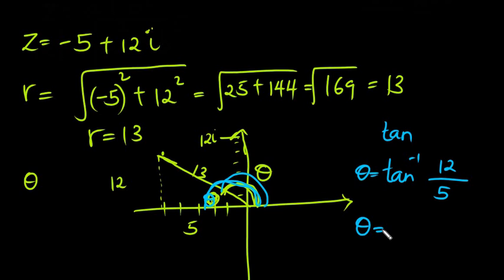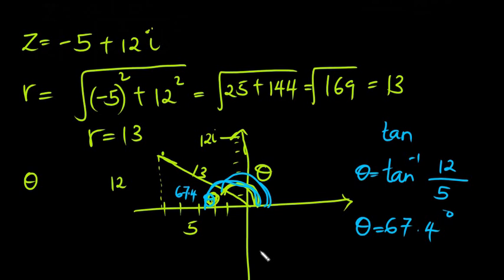So this is going to be 67.4 degrees. But that is the value of this small angle here. This is 67.4. But we are interested in the angle from here to here.